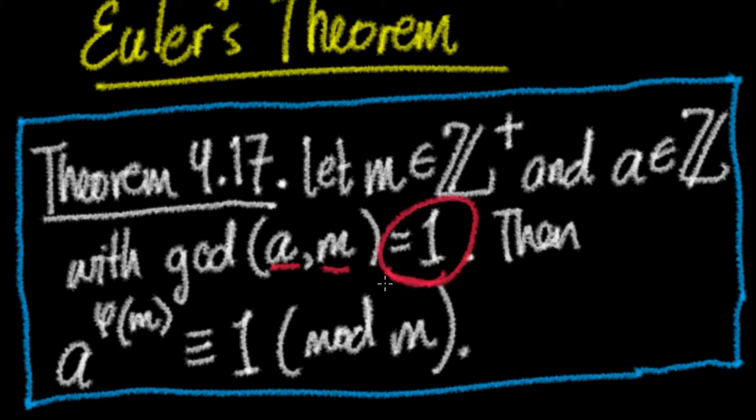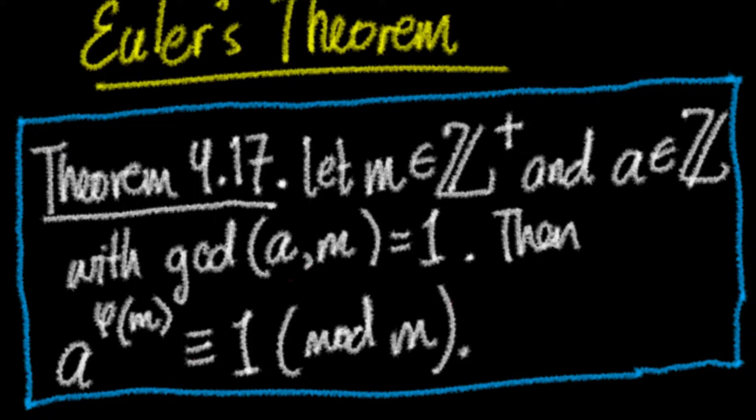That is, a and m are relatively prime. Then we say that a raised to the phi function of m, this positive integer, is congruent to 1 mod m. Again, any integer a raised to the phi function of m is congruent to 1 mod m, where a and m should be relatively prime.